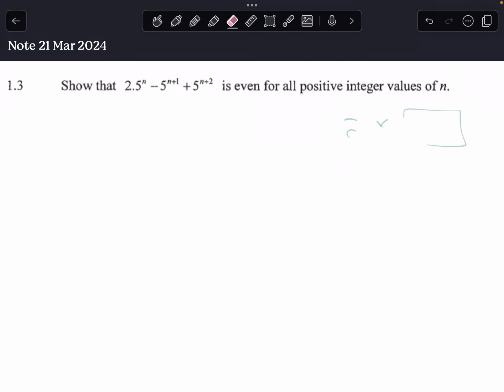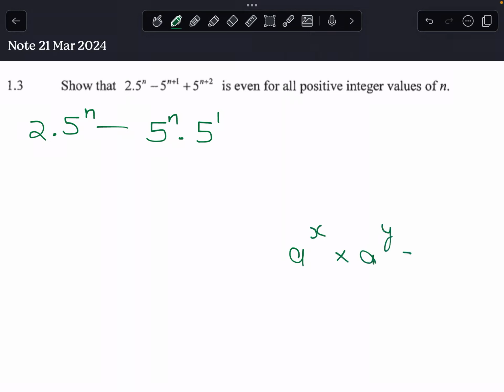So in order to achieve this goal of writing this expression as 2 times something, I'm going to call on my friend factorization. I can see already that there is a common factor in this expression. And to show what that common factor is, I'm going to use the first law of exponents. We normally learn it like this: a to the x times a to the y is equal to a to the x plus y.